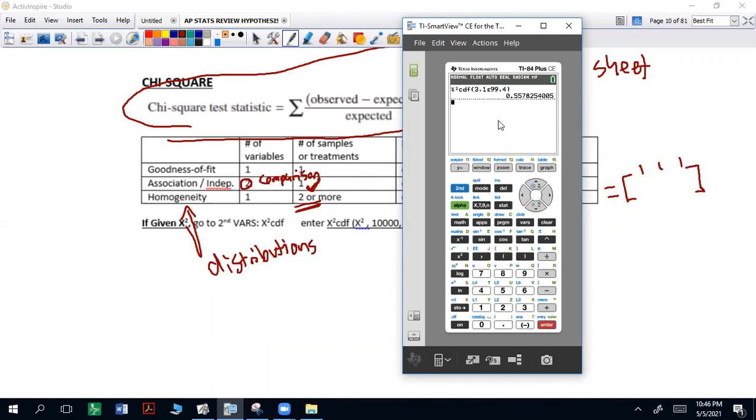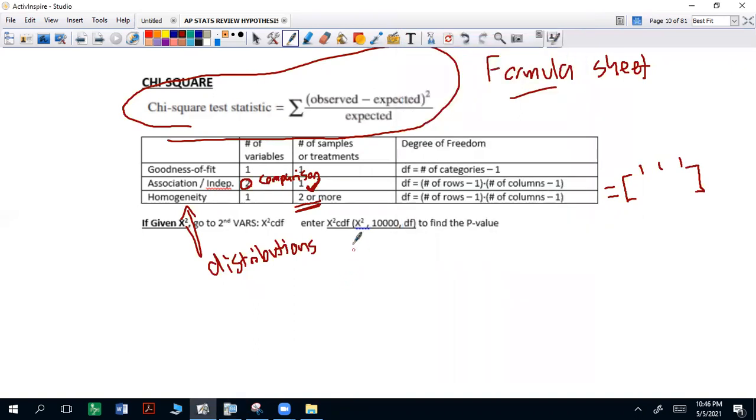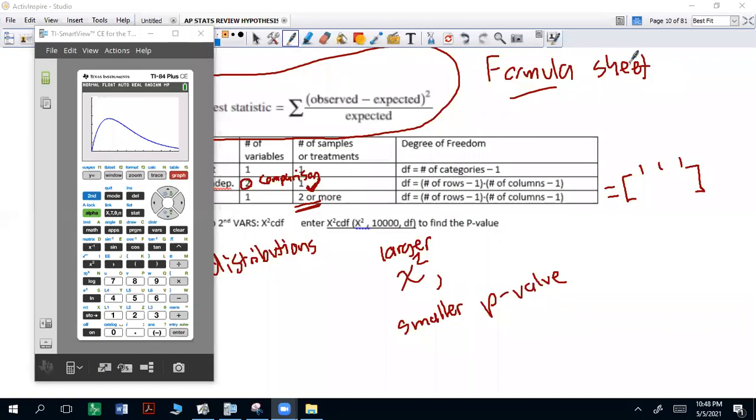And there's your chi-squared. And the larger the chi-squared, the smaller the p-value. You want to know why that is? That is because your chi-squared is a right skew distribution.